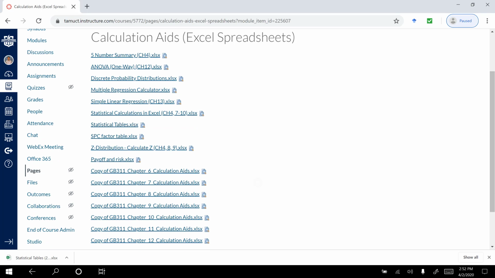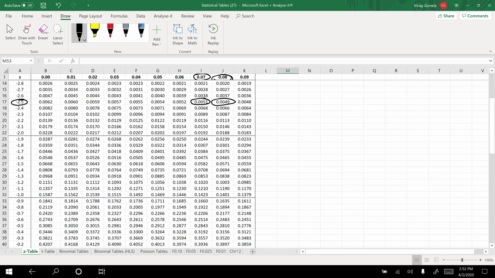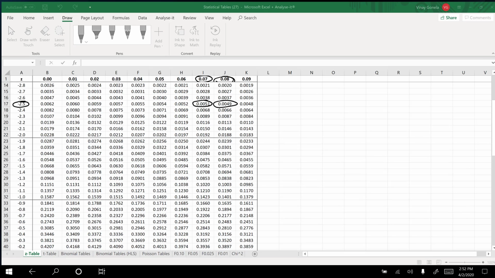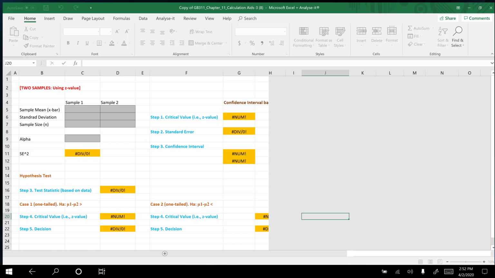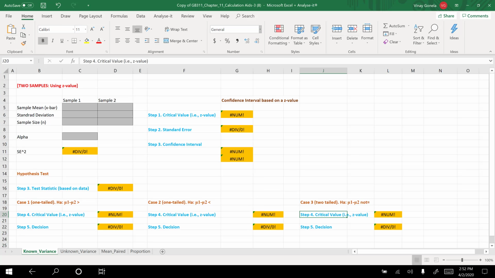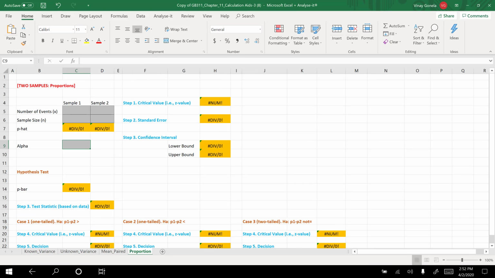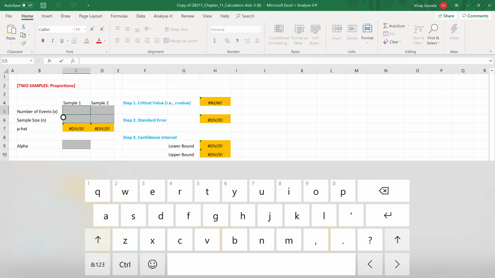So I will go and download the chapter 11 calculation aids and enable editing. Now this is a proportion problem. So I will go to proportions, and in this gray area I will be entering the values. So this is sample 1.